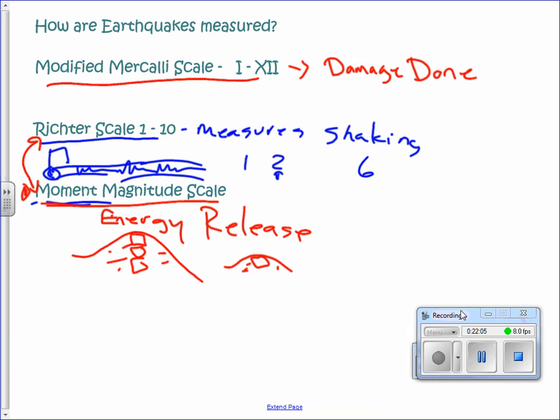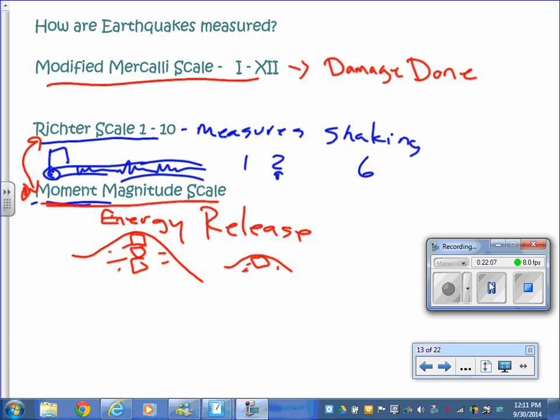And let me see if I have. So on the modified Mercalli, a 1 or a 2 is just going to be slight vibrations. If you were outdoors, you didn't even know it happened. You know, 2, 3, 4. And then when you get up to like 5, then it talks about the type of masonry. Like a well-built building would vibrate a little bit.